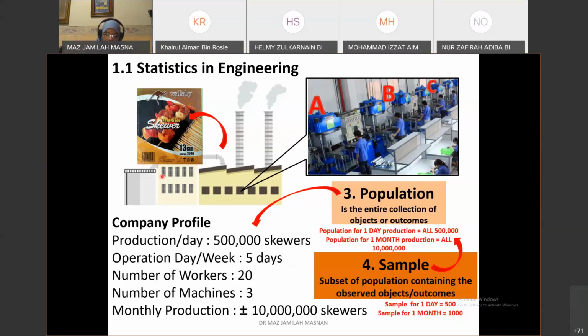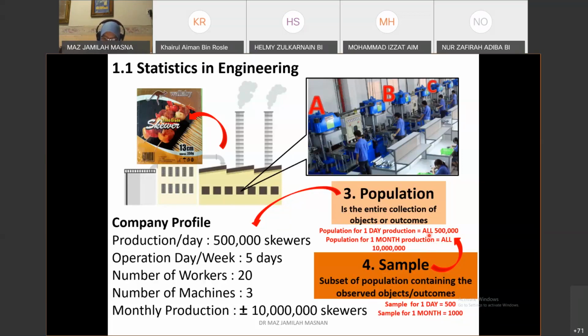In this particular case, the population for 1 day production is all 500 skewers. If I want to define within 1 month, the population for 1 month production is all 10 million skewers. So what about the sample then? A sample is a subset of the population containing the observed objects. The population just now is the entire collection. The word all reflects the entire collection.